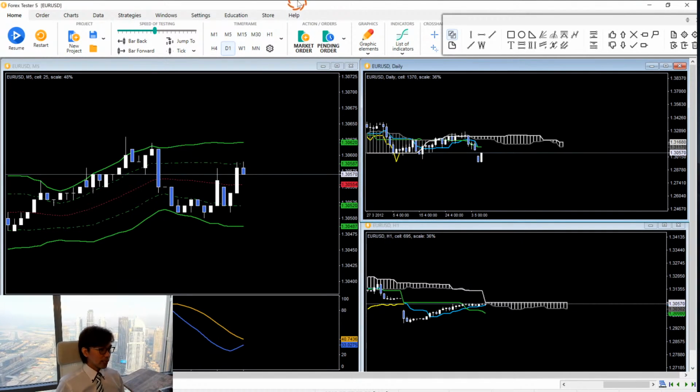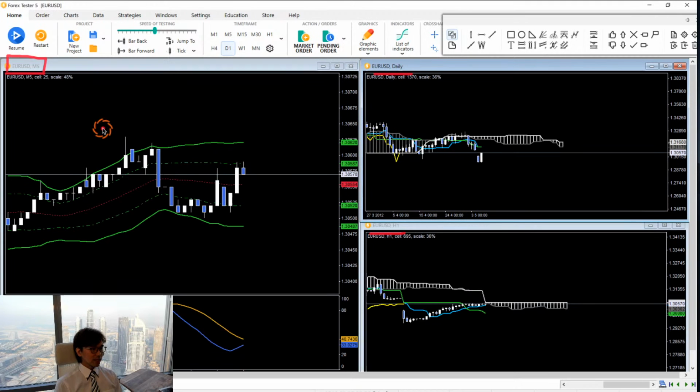Okay, so this is usually how I run the tester. I place 3 windows: one is the daily chart or the 4-hour chart, located on the upper right; on the lower right, either the 1 hour chart or the 30-minute time frame; and on the left, the 5-minute chart or the 15-minute chart.